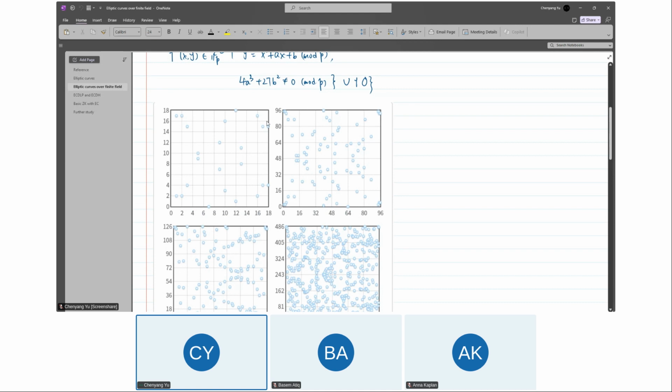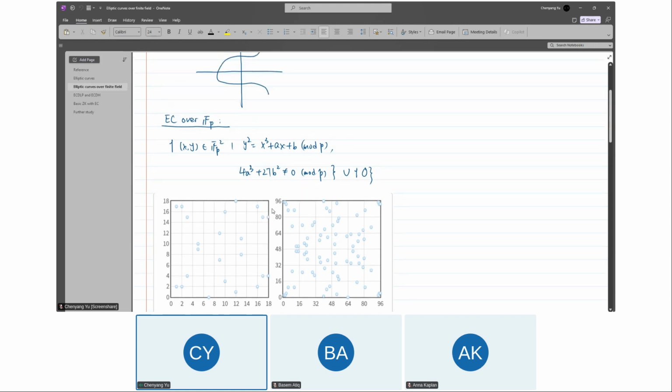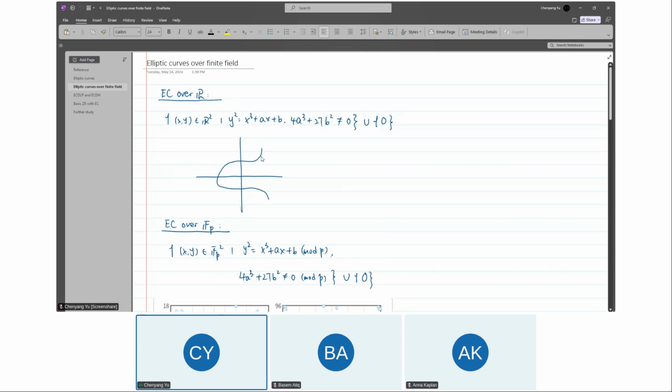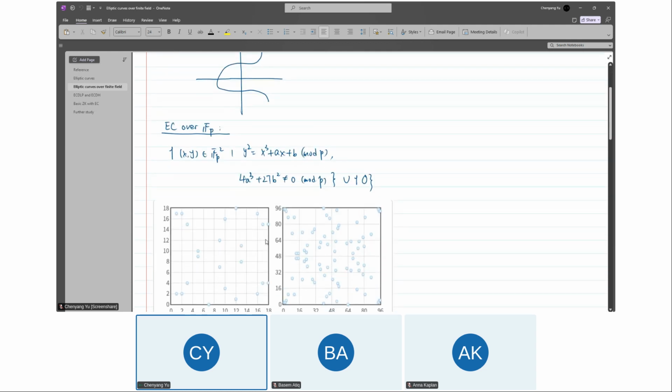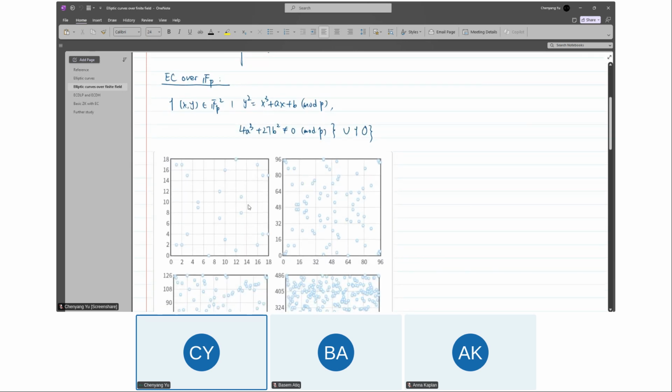Okay, so EC over a finite field is pretty hard to visualize, because it's just a set of points. But for simplicity, you can still imagine the graph, which is easier to memorize. In reality, you are just working with a set of points like this.